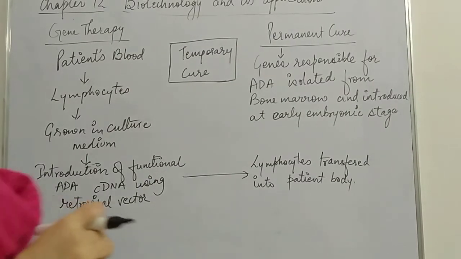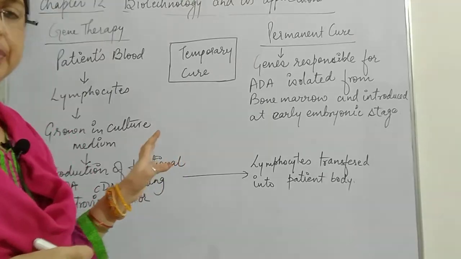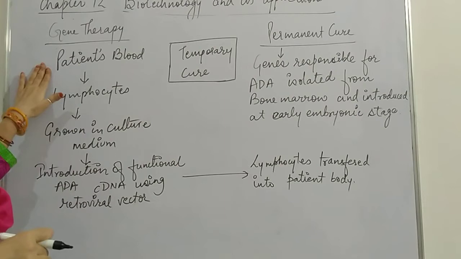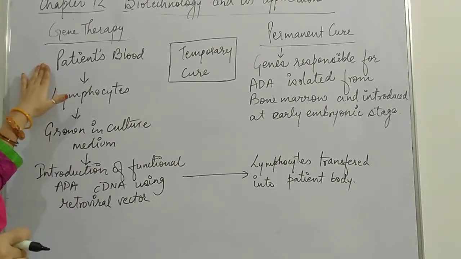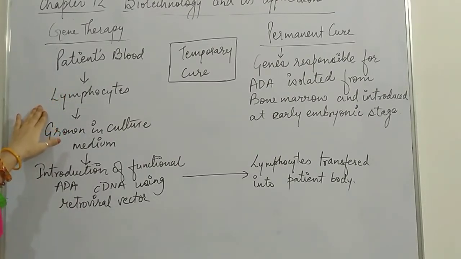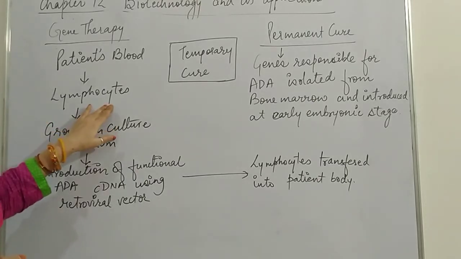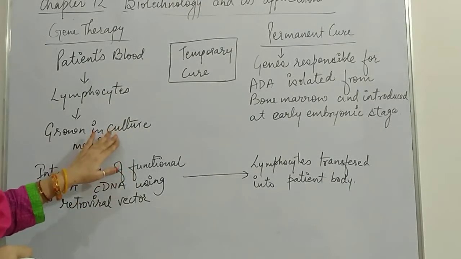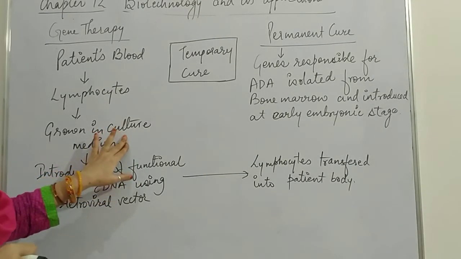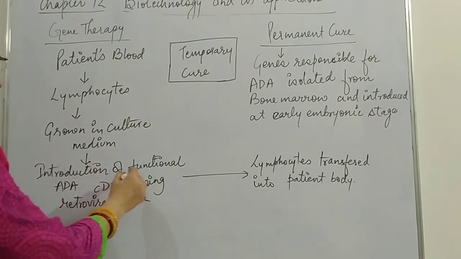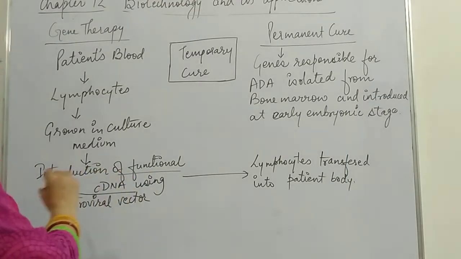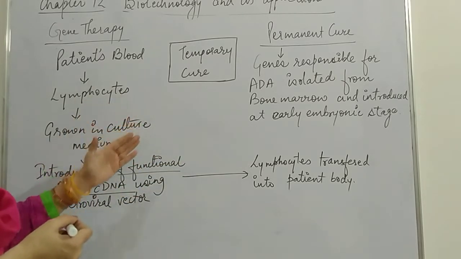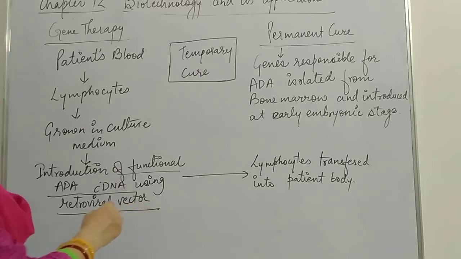Now students, just have a look over here at the flowchart of gene therapy for ADA deficiency. The patient's blood is taken and from this blood lymphocyte cells are isolated. These lymphocyte cells are grown in the culture medium in the laboratory, and the functional ADA-cDNA, complementary DNA, is transferred into the lymphocytes by using retroviral vectors.